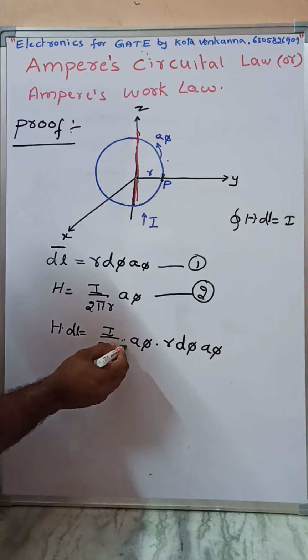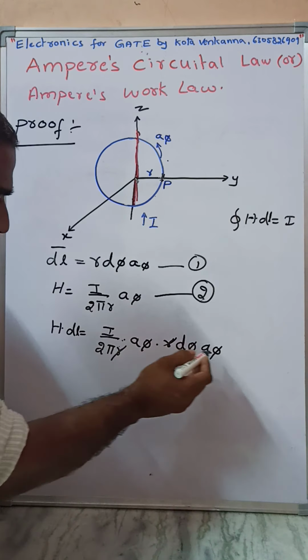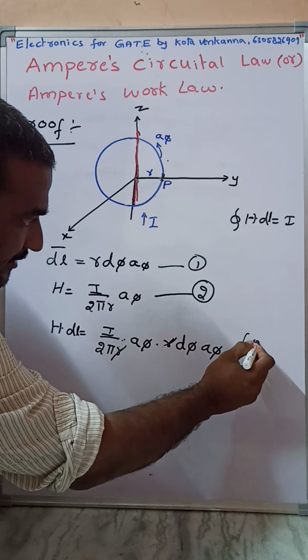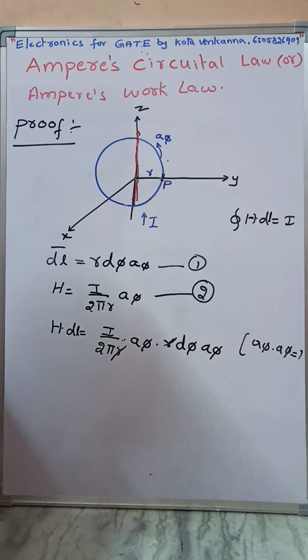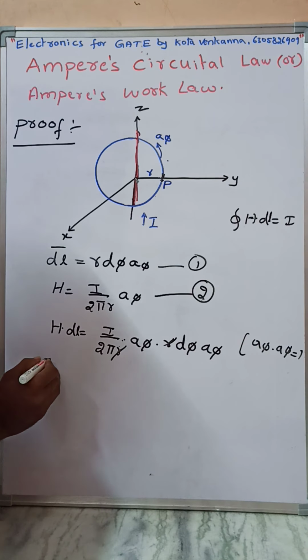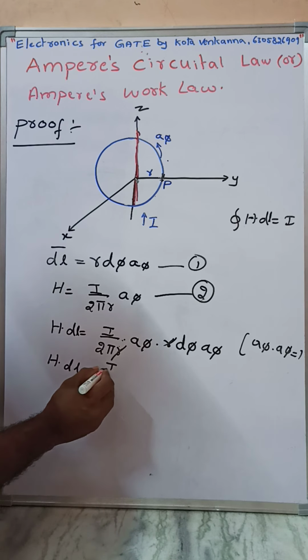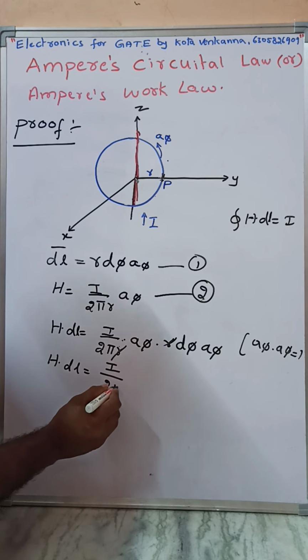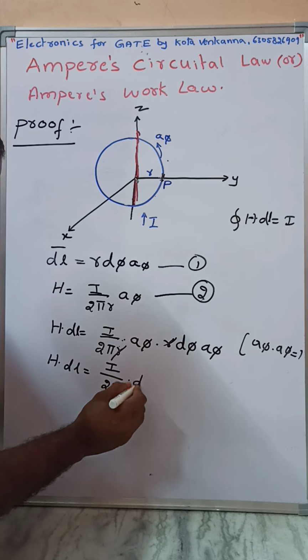So r both are cancelled. A pi into A pi is equal to 1. So H dot dl is equal to I by 2 pi into d pi.